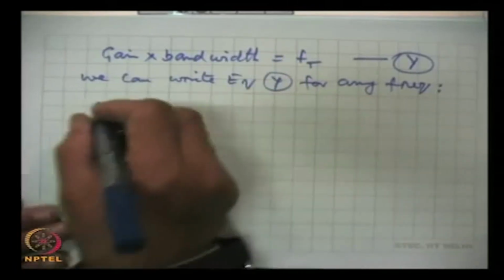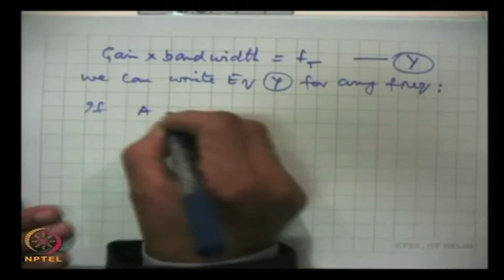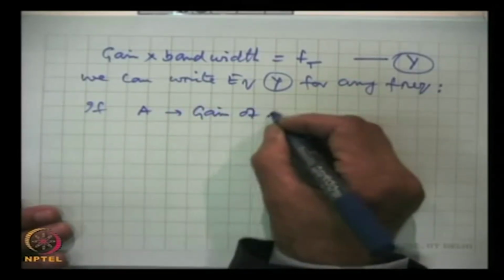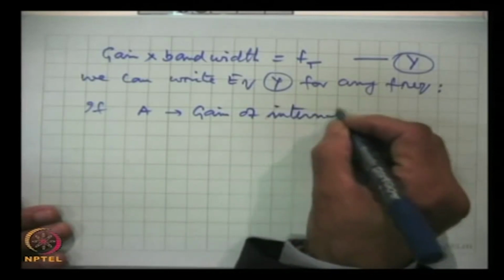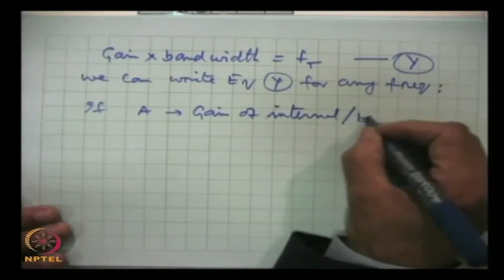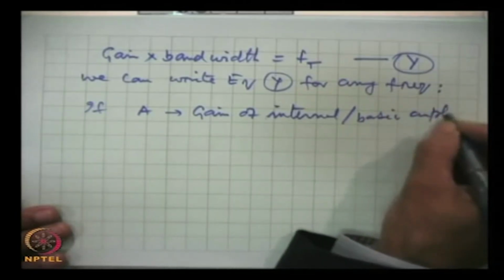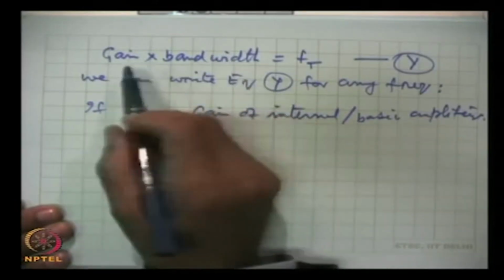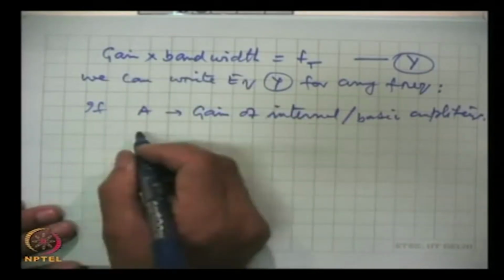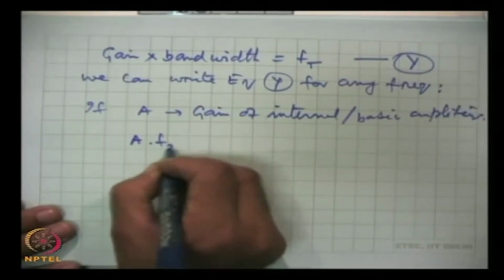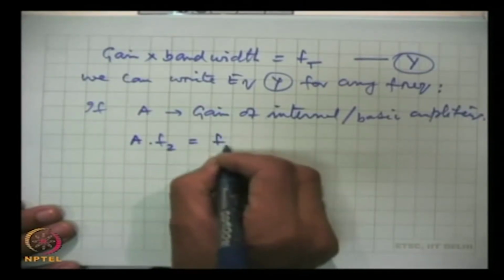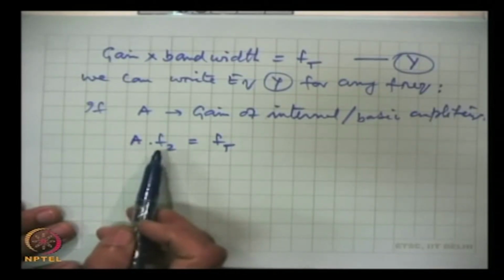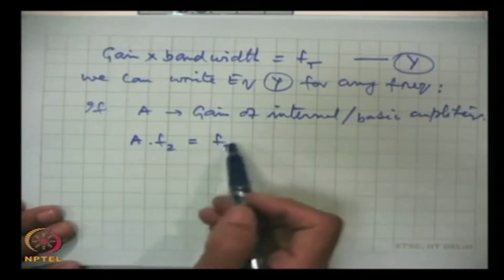So, if A is the gain of the internal basic amplifier, that means the amplifier without feedback, then we can write this equation like this: A f2 is equal to ft, the gain bandwidth product.